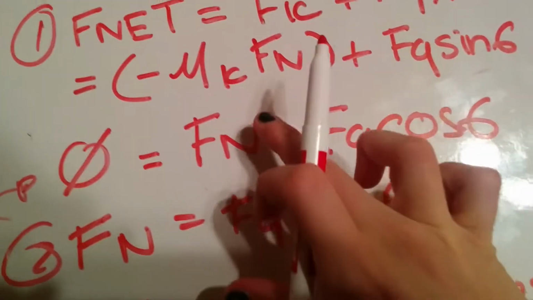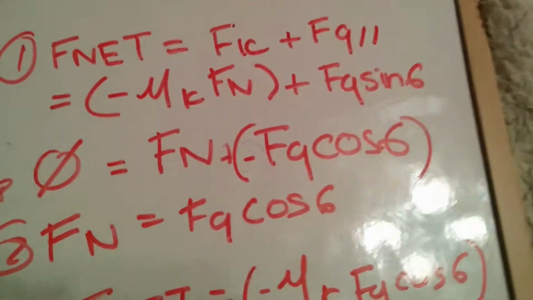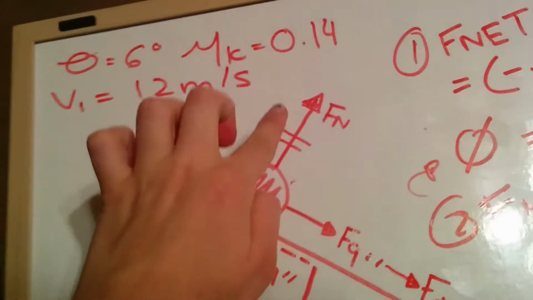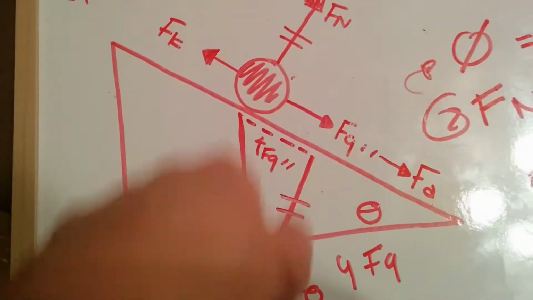Well, we technically add a negative value of the force of gravity cosine of 6, and that is seen here. This is our normal force, and then this is the negative component acting perpendicular to the surface.